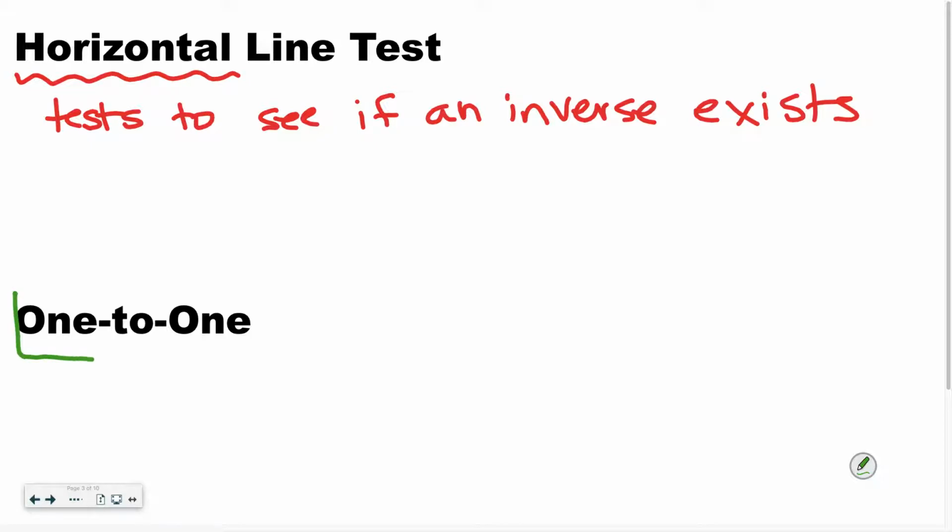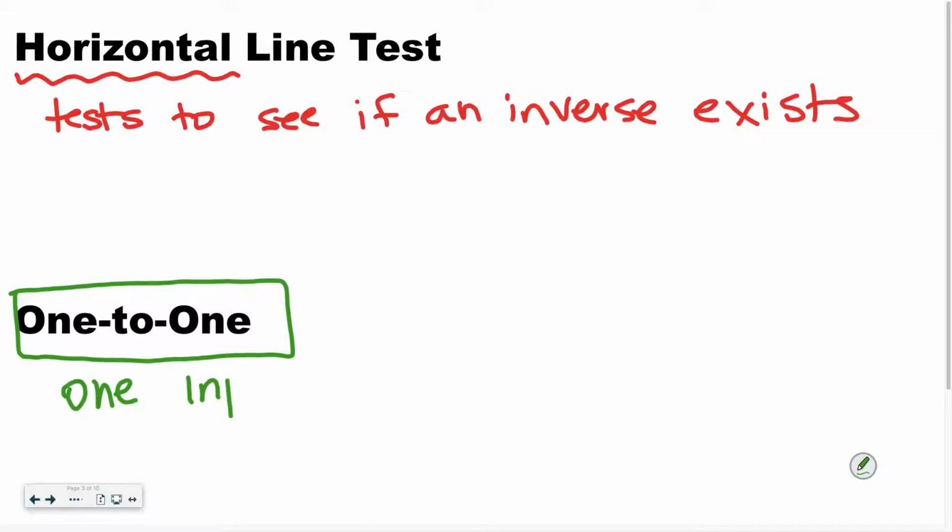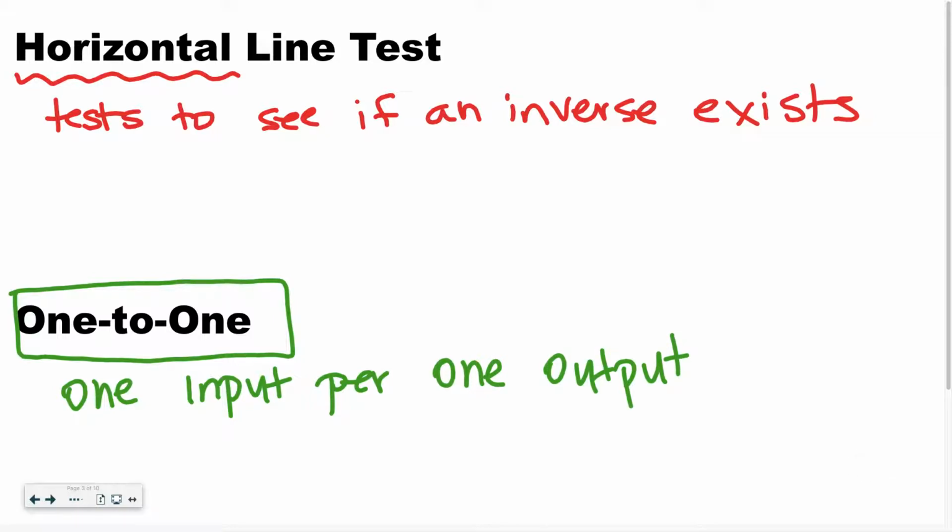And you're not going to hear this super often, but I at least want you to know what it means. Okay? A one-to-one function means there is one input per one output. So not only is it a function, but there is only one input for each output, one output for each input.